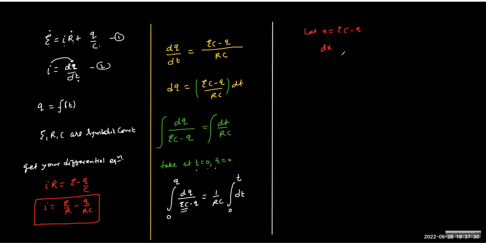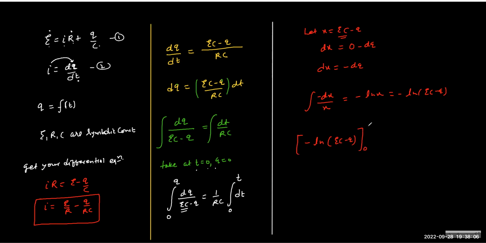Then differentiate, so dx. All constants will vanish. We get minus dq. So we can replace dq as minus dx, and then the formula becomes simple. Minus dx upon x, and the answer will be minus ln x. That's it. And what is the x assumption? So basically the integration is minus ln of EC minus Q. That is the integration value. And then the limit you have to put is 0 to Q. You can take minus on this side directly.